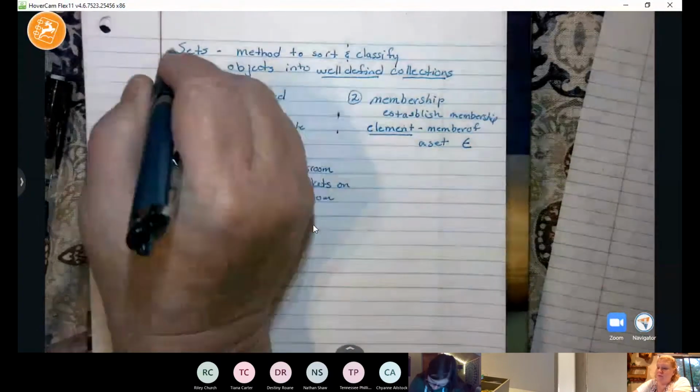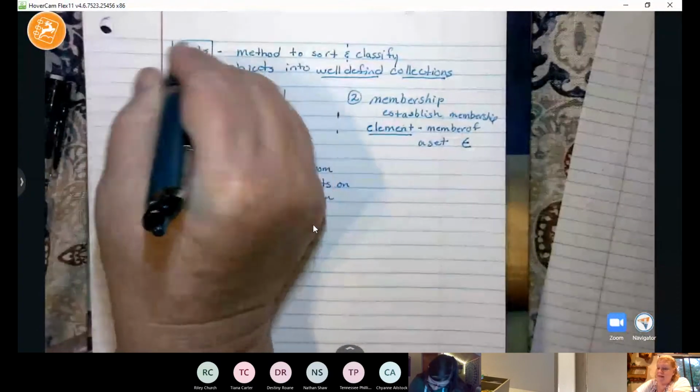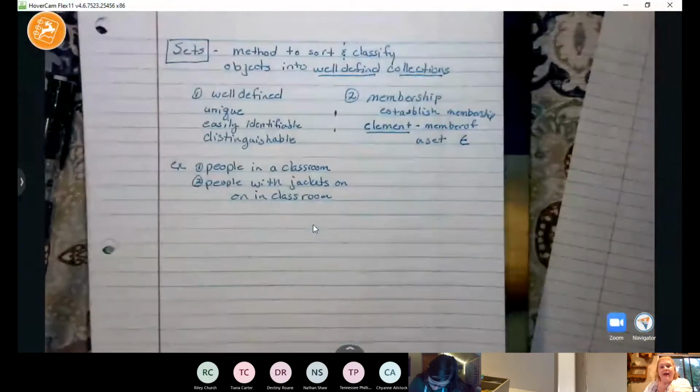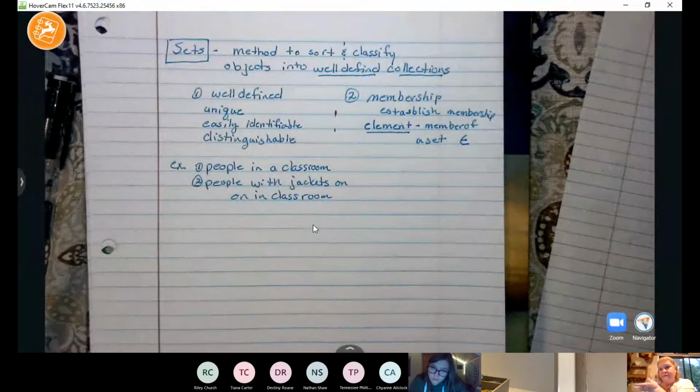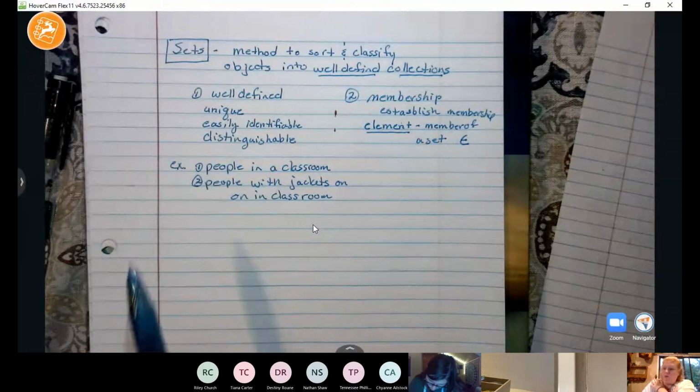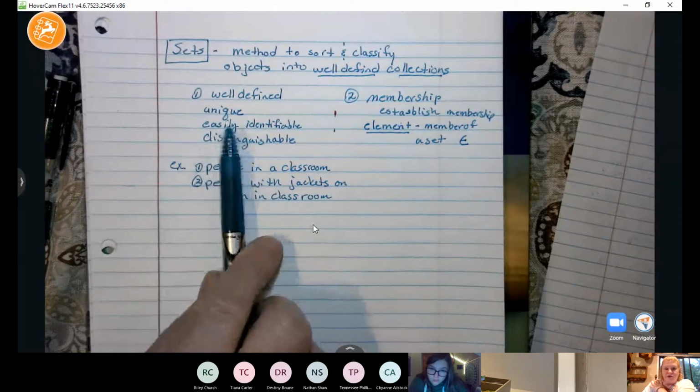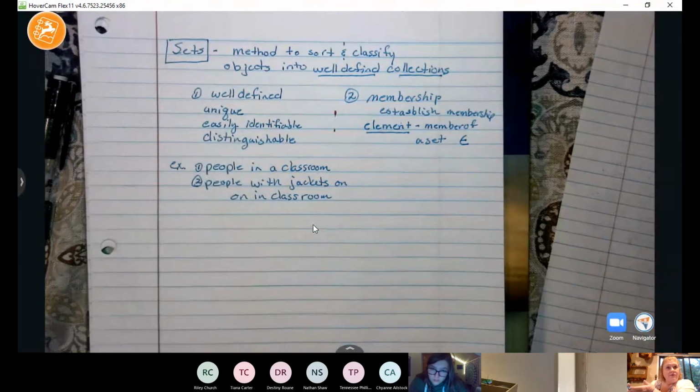So we have the term sets. That's what our entire unit is about, which is a method to collect objects. We want this set to be well defined, and we want it to be a collection of things. When we talk about something being well defined, we want to be able to distinguish it from something else, a different kind of group.